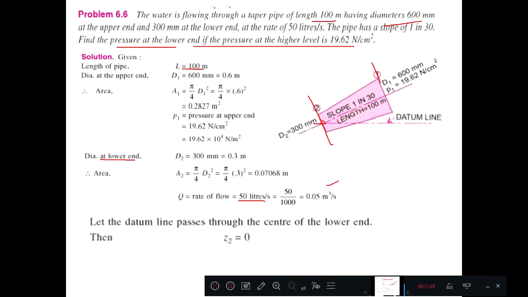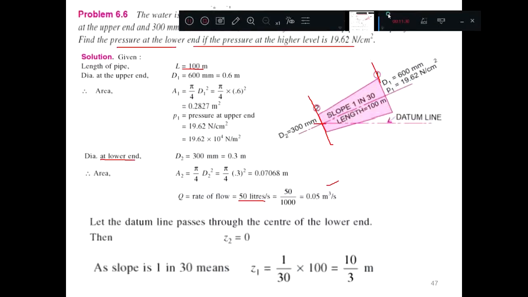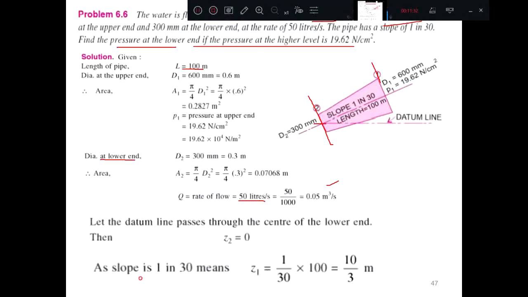Along with this horizontal line the pipe is inclined. So this is 1 in 30. The slope given here is 1 in 30, meaning for every 30 meter length, 1 is the drop. Or else you can take for every 30 meter, 1 is the height.